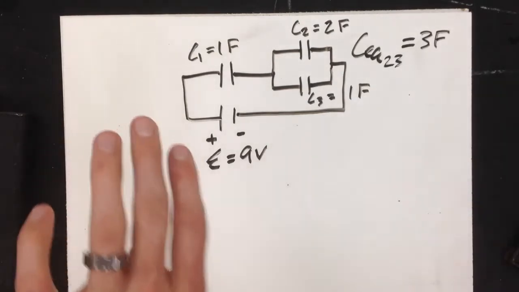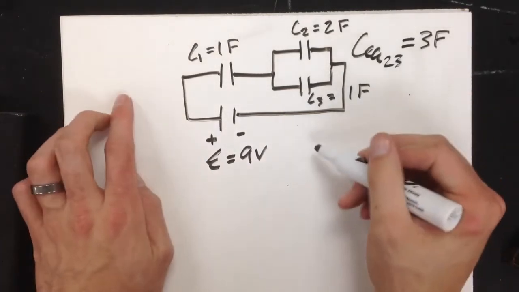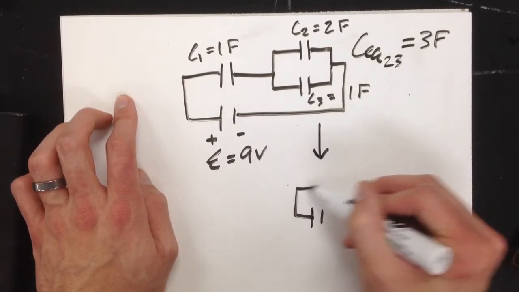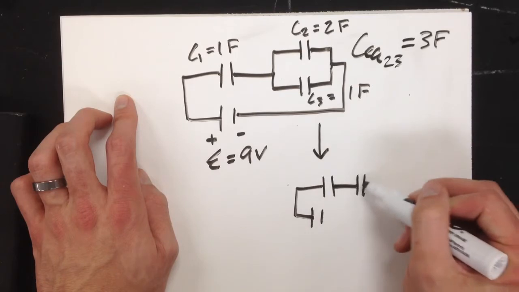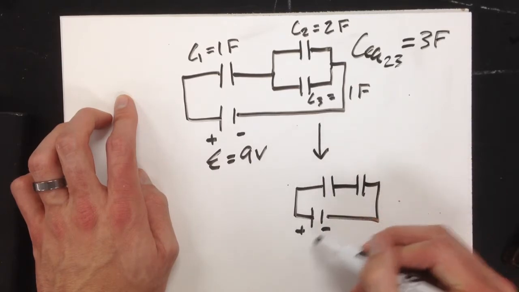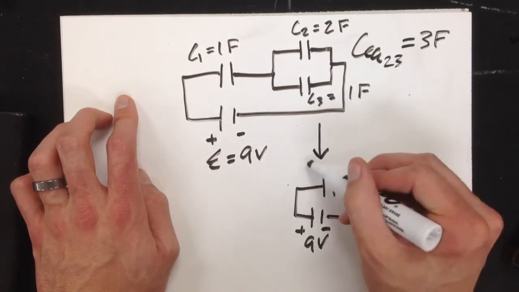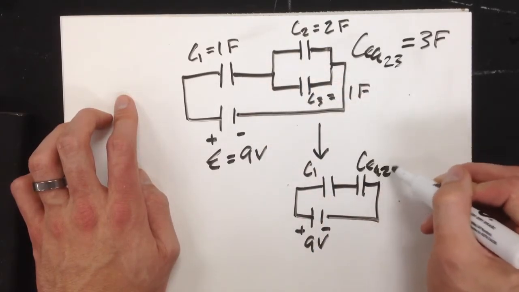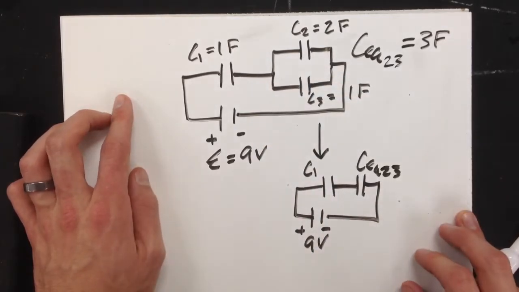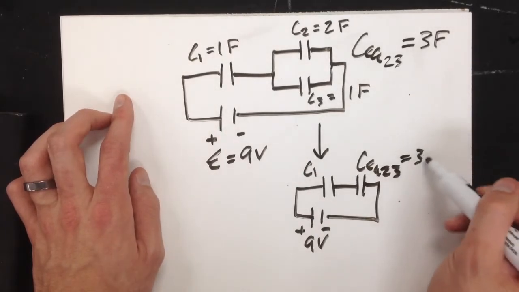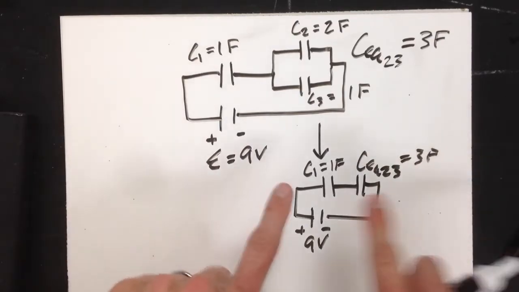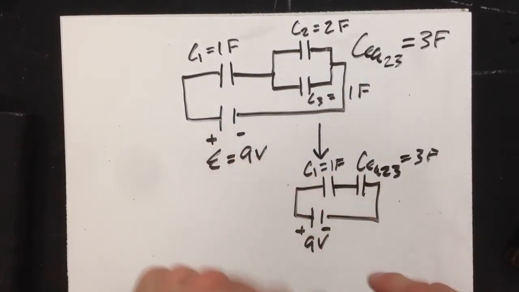Now, I've taken this circuit and simplified it so that I now have two capacitors that are in series with each other. I've got C1 here, and now I've got this C equivalent of 2 and 3. I know that this is 3 farads, and I know that this is 1 farad. So now I'm just dealing with two capacitors in series.